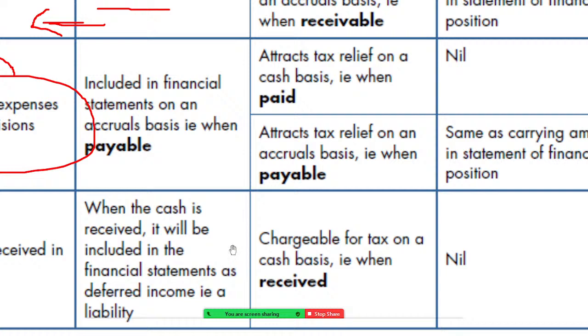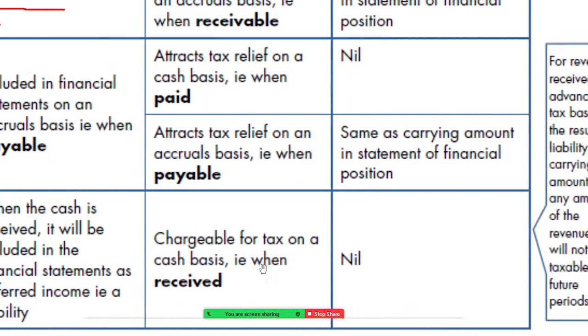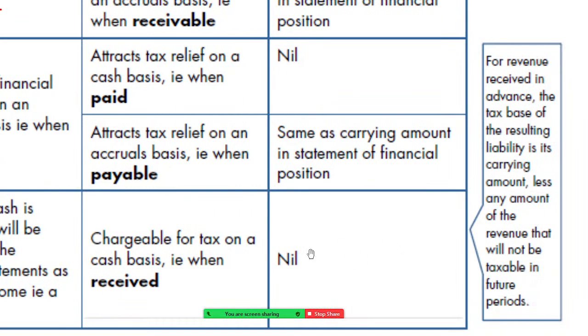So the tax authorities have already charged tax on this. So for that income, the tax authorities do not charge tax again and again. Once the tax authorities charge tax on a particular income, they will not charge tax again, right?